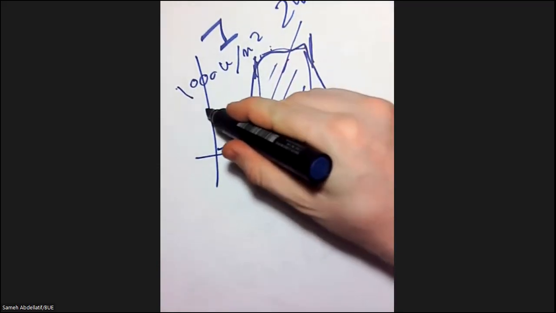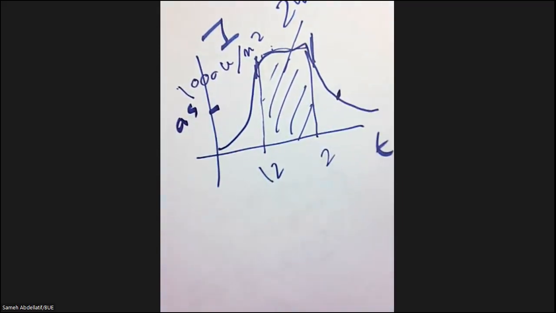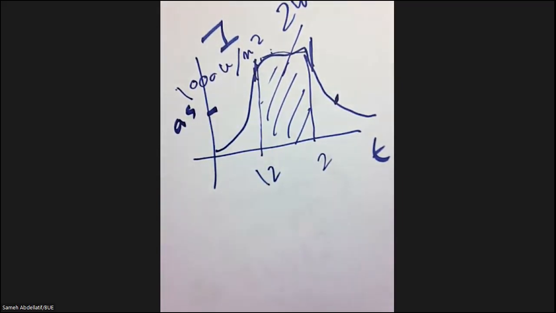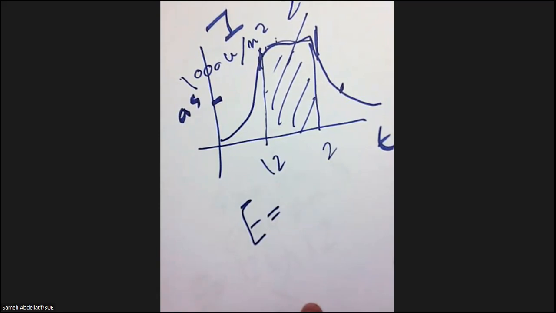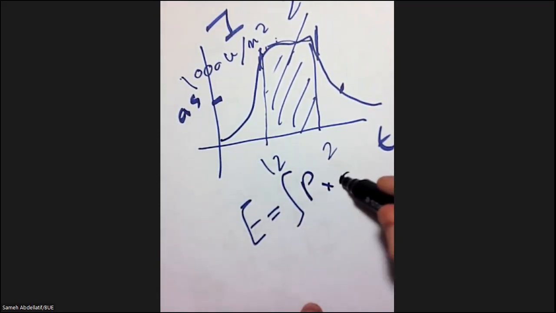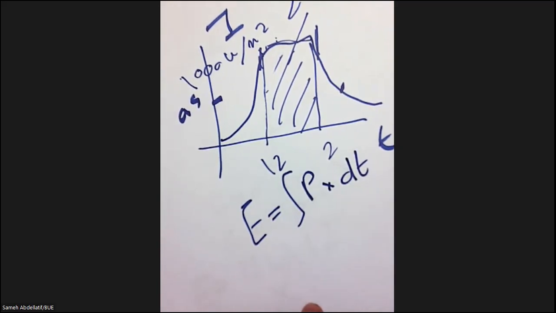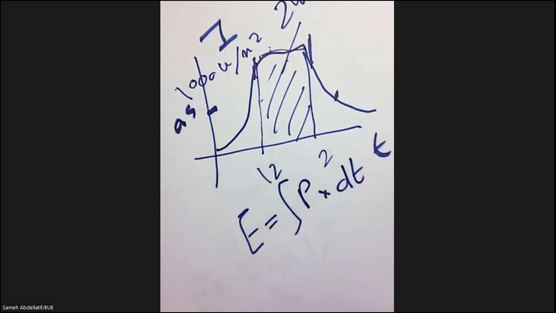If this turns out to be 0.5 sun, then the corresponding wattage will be 0.5 watt, and so on. So the energy produced is the power multiplied by, or integrated over, time, and you collect the area under the curve to calculate the overall energy.